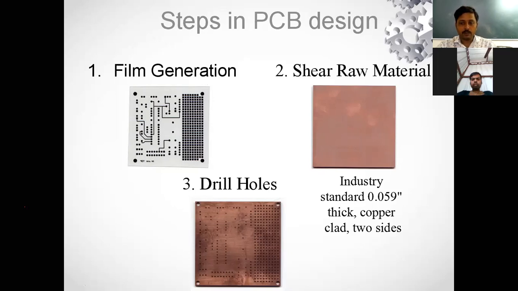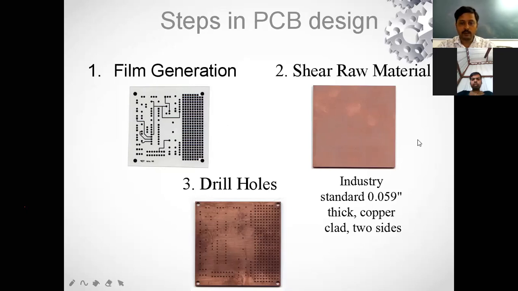How this part is going to be connected to this part, those calculations, modifications and analysis you have to make before printing the film. According to the requirement you must have that design with you. Then you are going to generate this printed part.